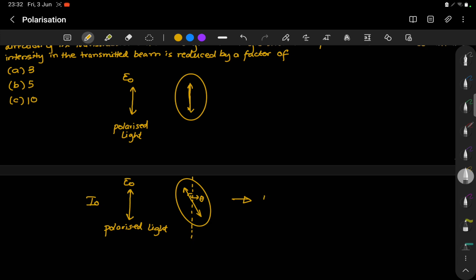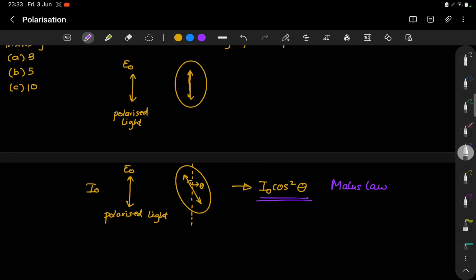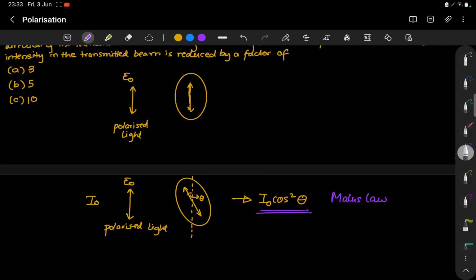So the output intensity is going to be I naught cos squared theta. This is Malus law. So we will use this Malus law to solve the question.